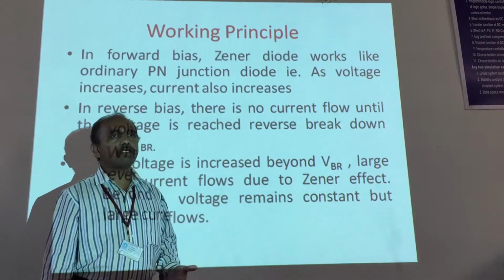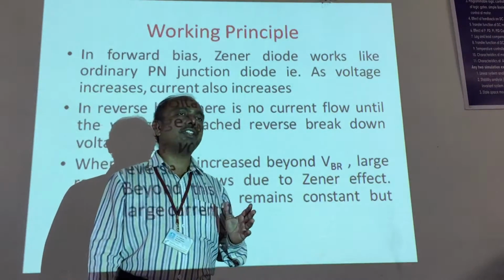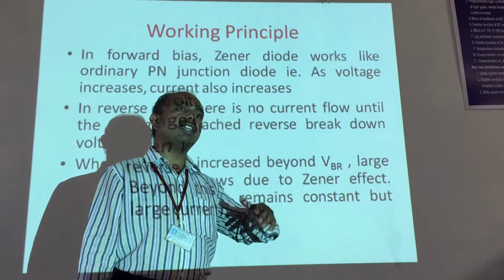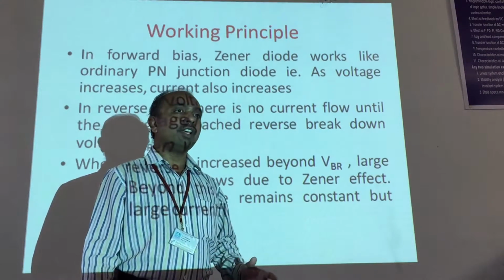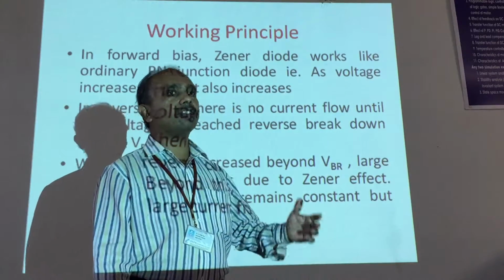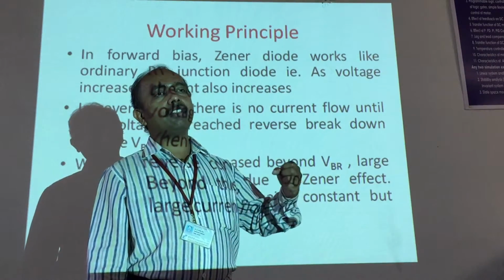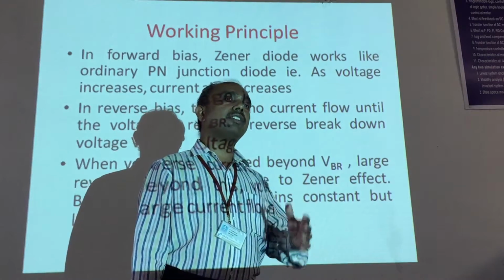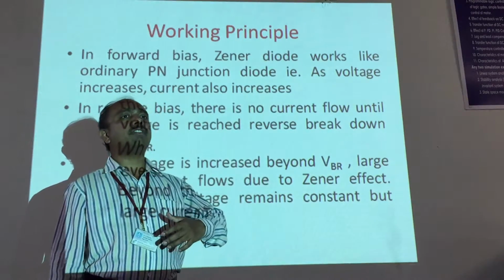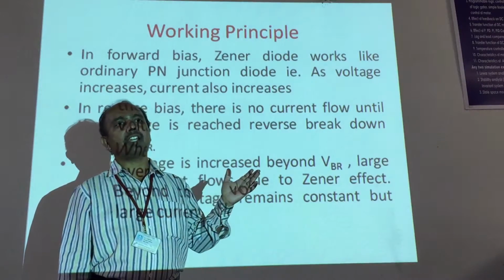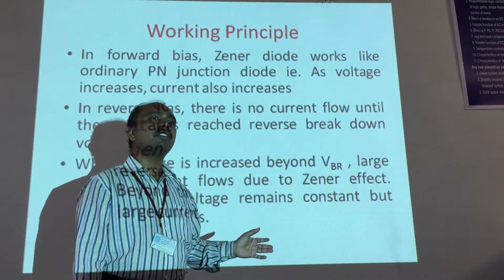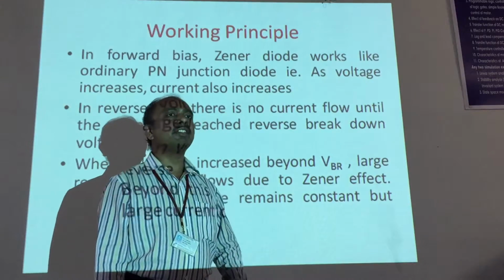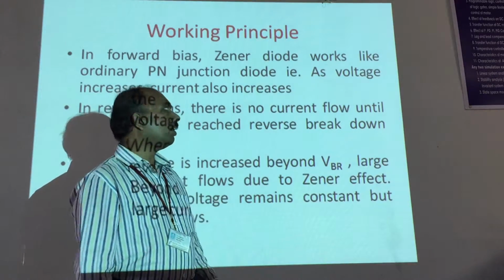Then what is zener breakdown? When voltage is increased up to the reverse breakdown voltage in a reverse biased PN junction diode, a high electric field is applied across the junction, and this high electric field breaks the covalent bonds and so many electrons are released. Due to movement of these electrons, a large reverse current flows in the zener diode, and this effect we call the zener effect.